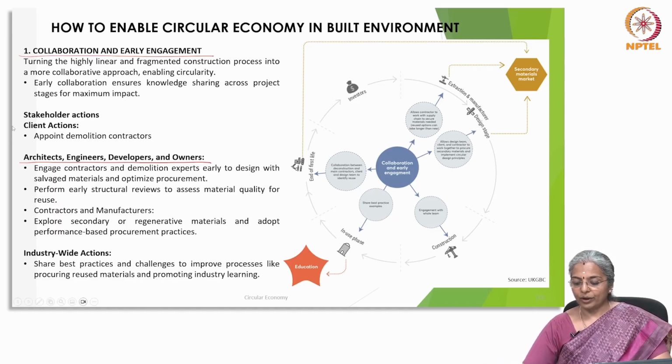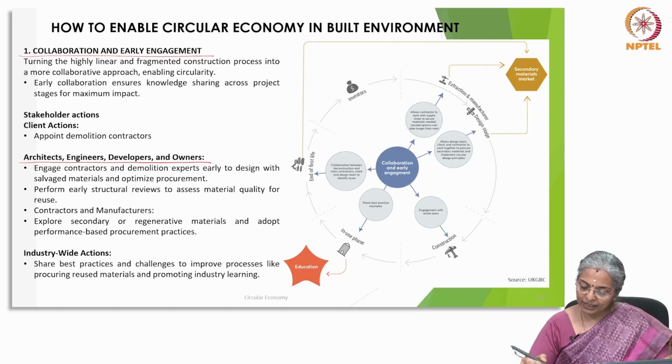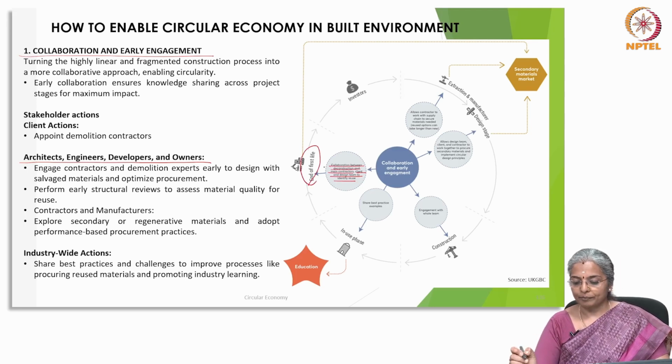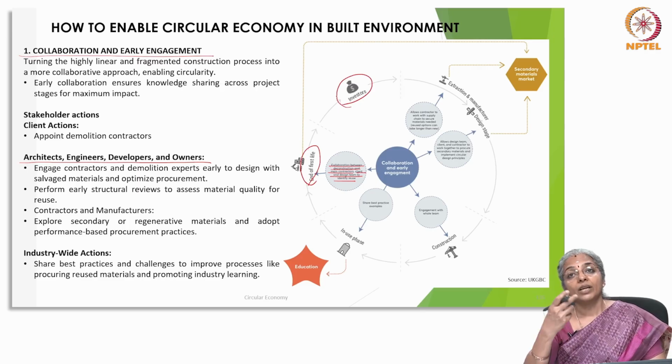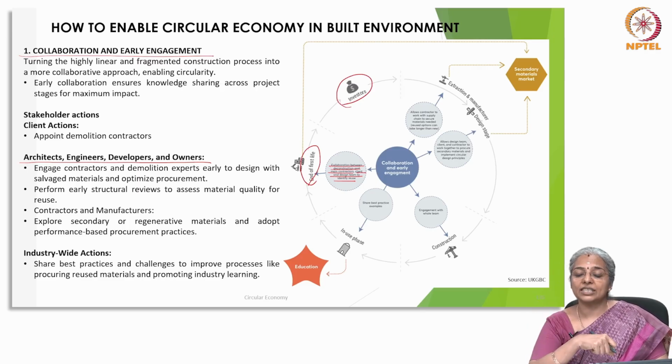So you need to have collaboration between deconstruction and main contractors, client, design team to identify reuse at the end of first life. You need to have investors who are willing to give a loan for such kind of construction activity.